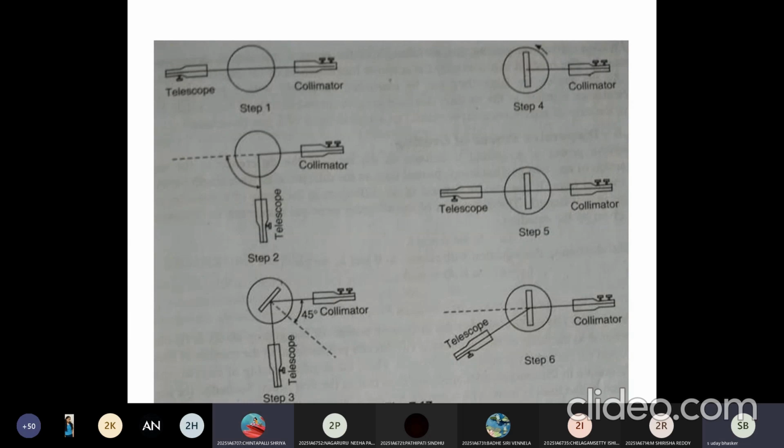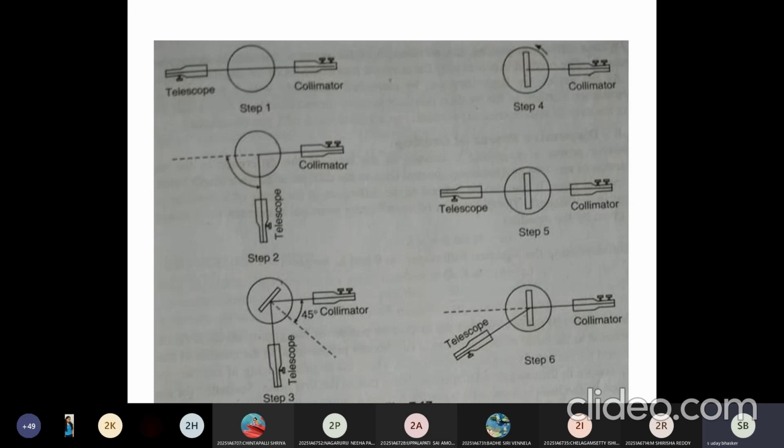The telescope is moving at an angle of 90 degrees. Excellent. Is there anything else? There's a screen in between. Right, that is the grating element, the rectangle.